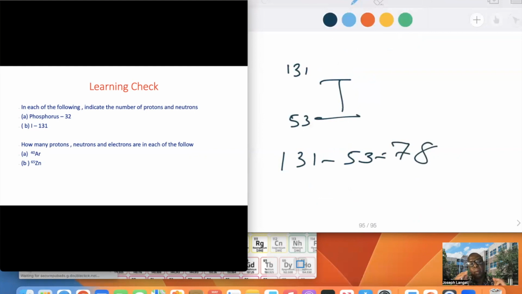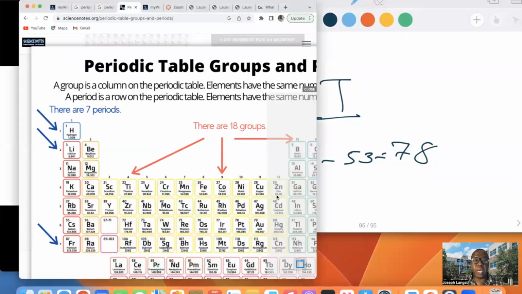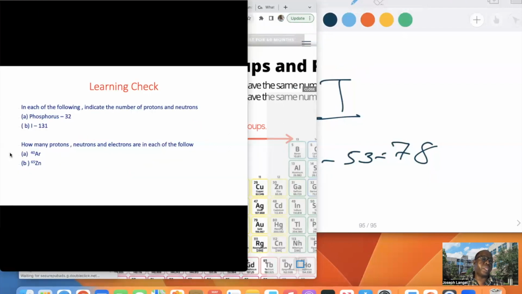Please learn the chemical symbol as well as the name. People use the periodic table to determine the position. For example, argon is number 18. Tin is number 50. You have to check on the periodic table. Here is Sn. It has 50 protons, and then you rewrite that so that you can calculate.